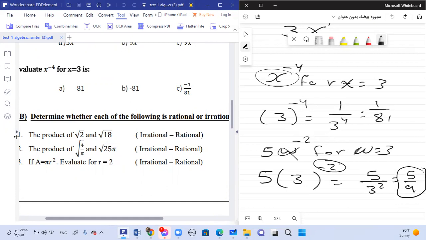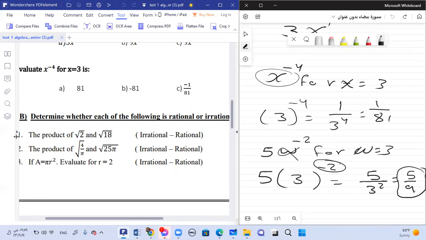Yes. You see, square root 2 multiply square root 18 gives 6. Square root 2, take a space, multiply square root 18.